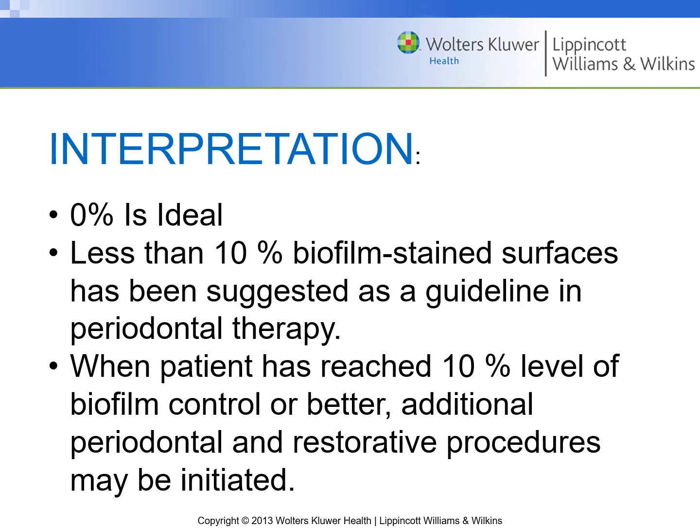Less than 10% biofilm stained surfaces has been suggested as a guideline in periodontal therapy, which is when a patient has reached 10% level of biofilm control or better, additional periodontal and restorative procedures may be initiated.